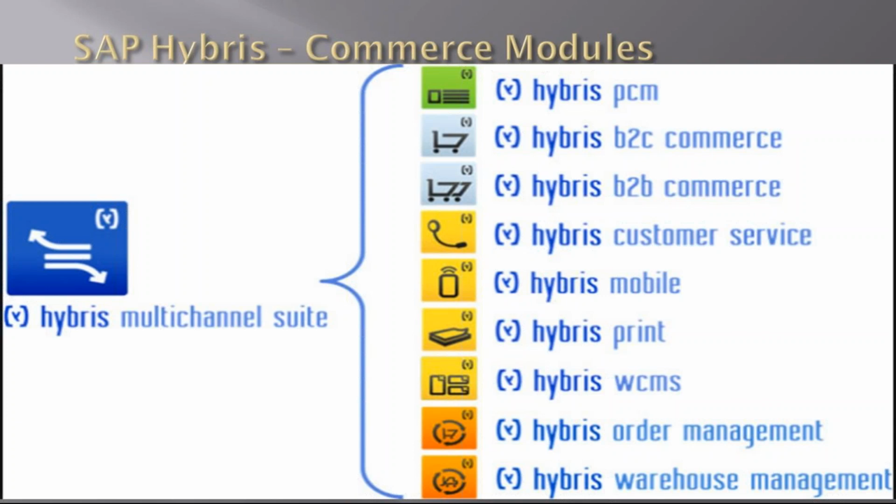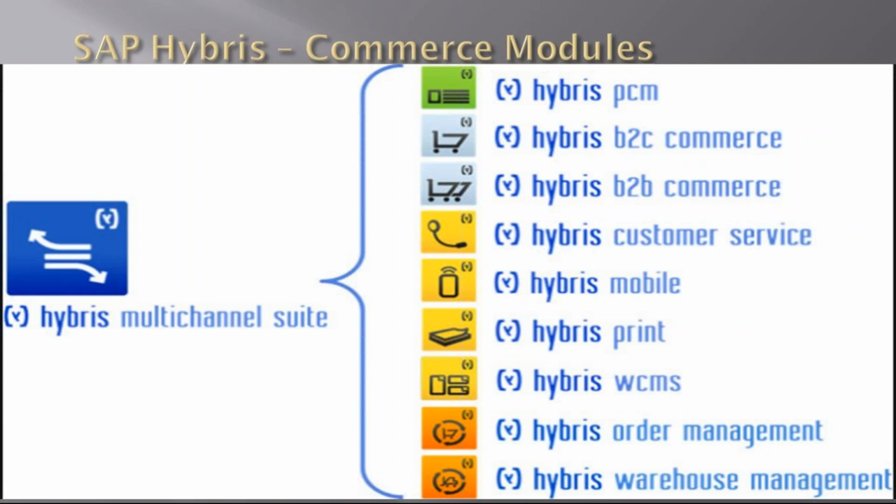For example, the client Shopper Stop from India used only B2C commerce, based on their requirement. They don't have any B2B commerce system. Whether they use B2C or B2B commerce, product content management is mandatory.